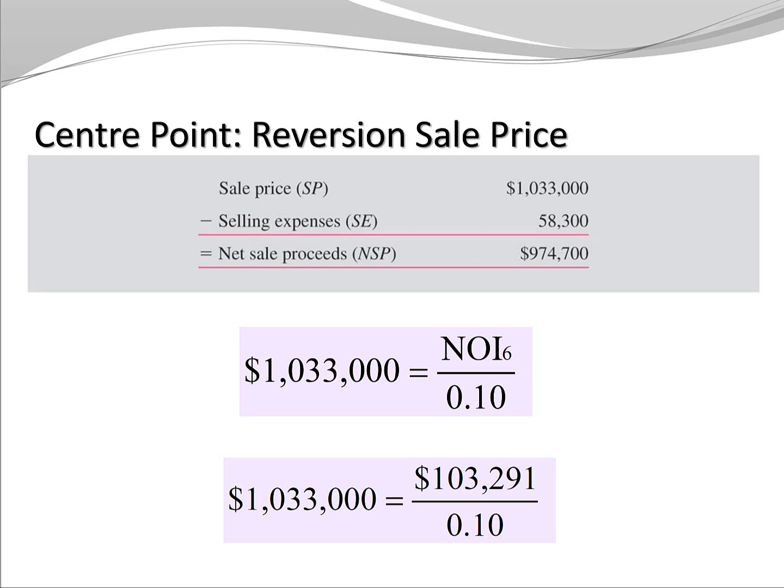Given the assumption, we will have the expected sale price to be $1,033,000. Selling expenses are given as $58,300, so we can calculate the net sale proceeds. The net amount of money we get from the sale at the end of the holding period is $974,700.